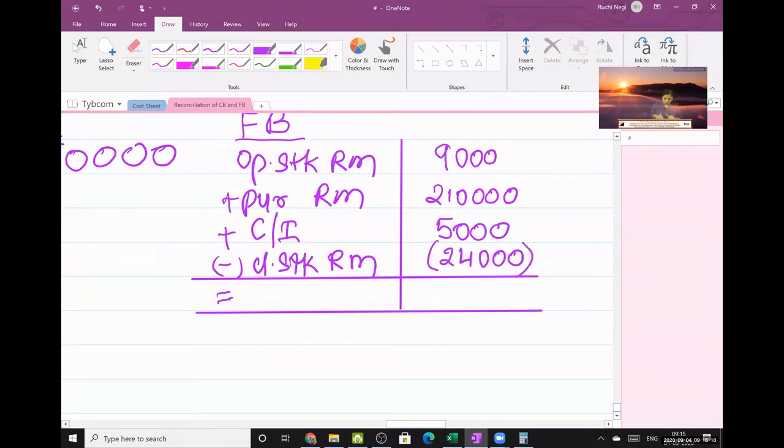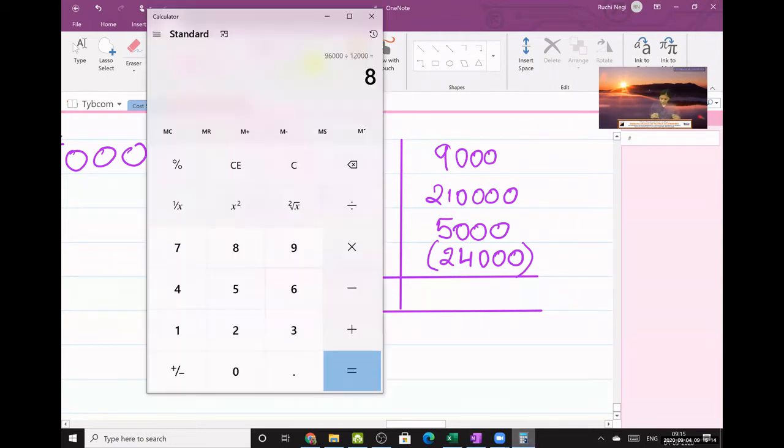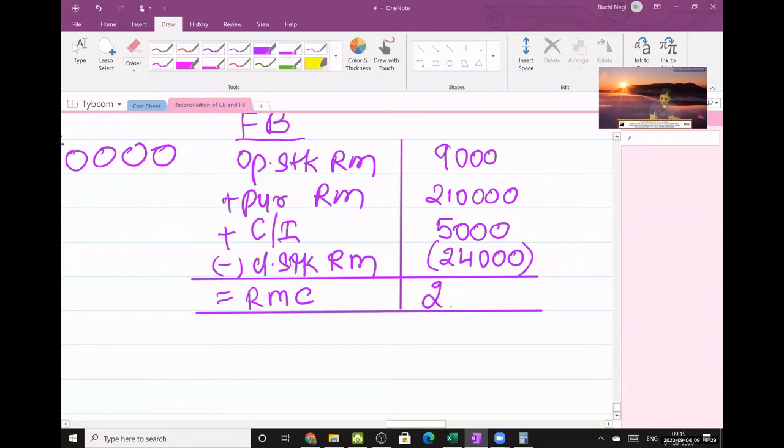So this will give me raw material consumed. Let us calculate: 9,000 plus 2,10,000 plus 5,000 minus 24,000. So the answer is 2 lakhs. So write it here, 2 lakhs.